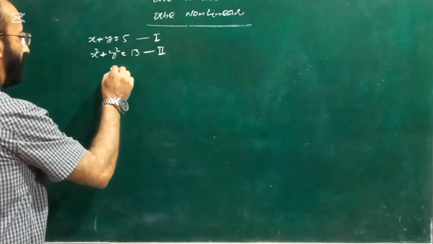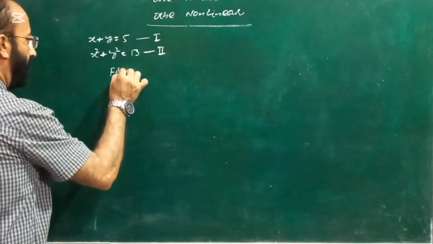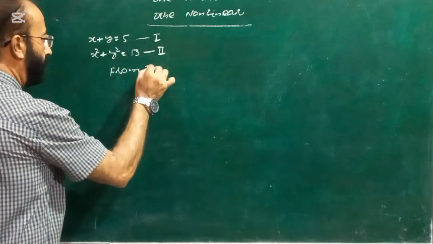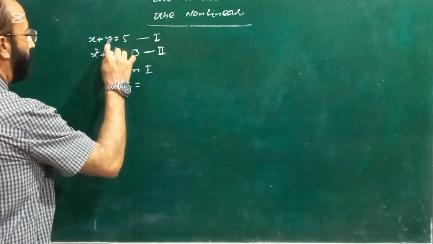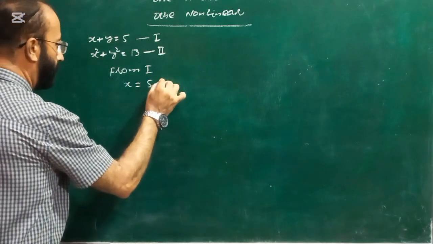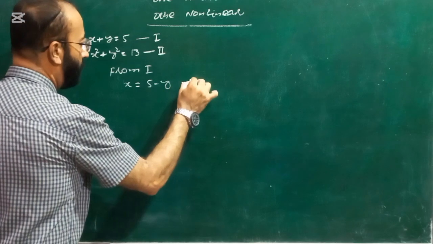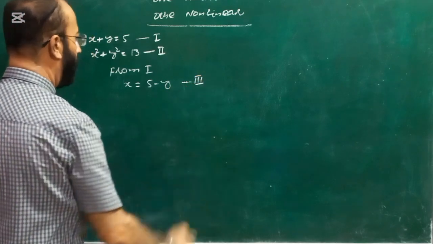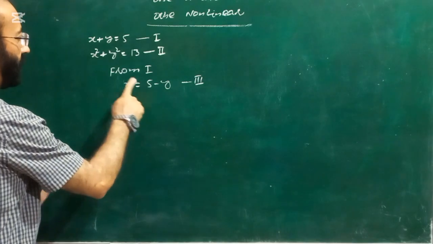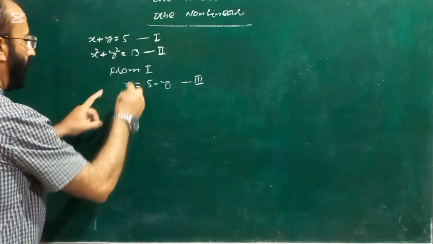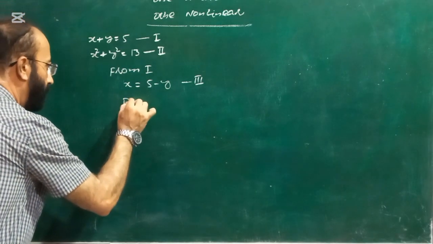So from the linear equation, from 1, x will be equal to 5 minus y. Call this equation number 3. So one unknown in terms of the other, this is from 1. Put it in the other equation, that is 2.